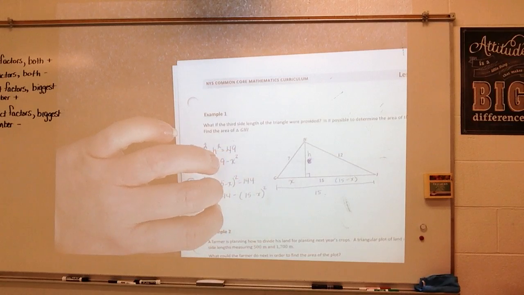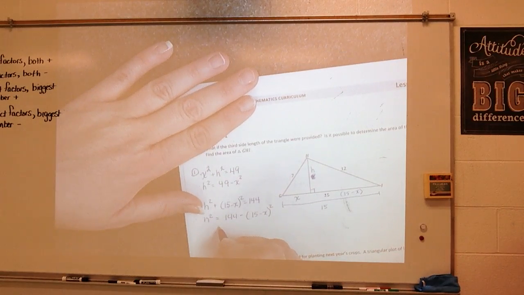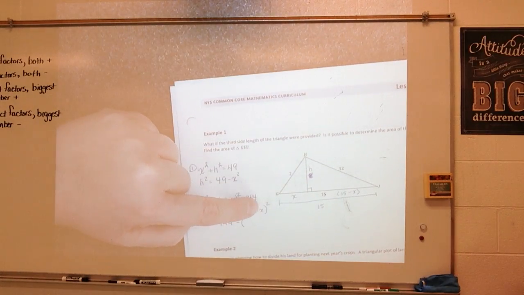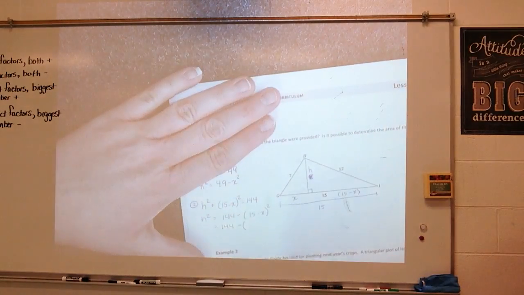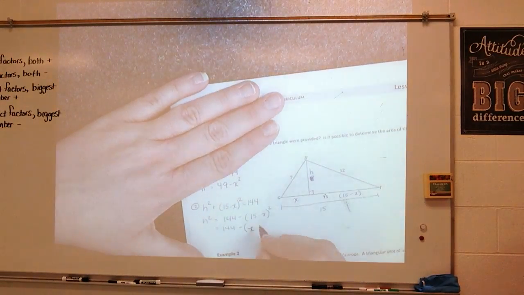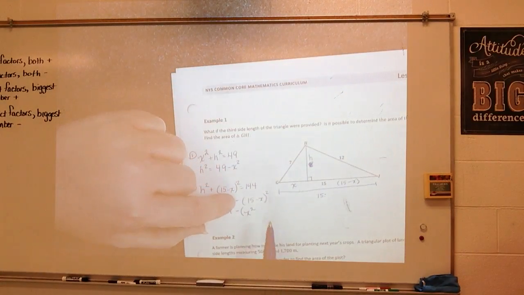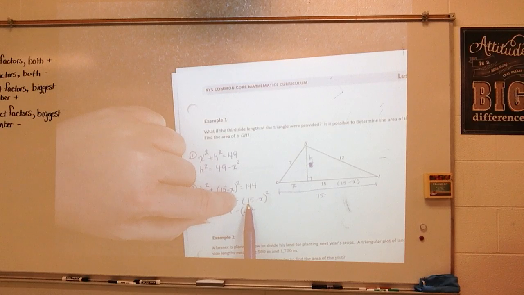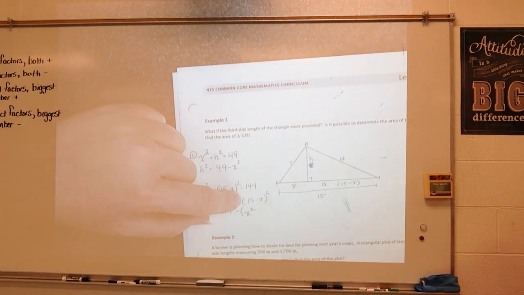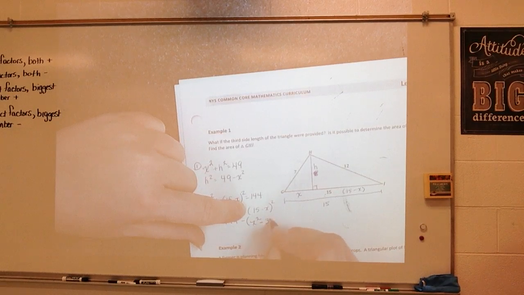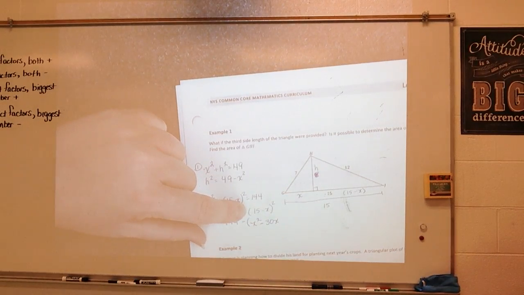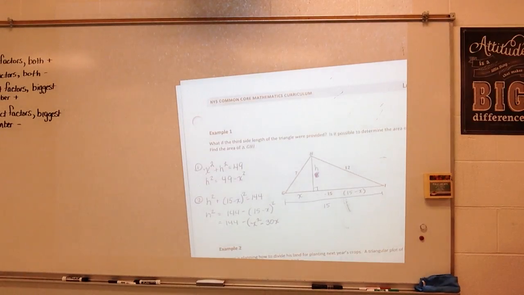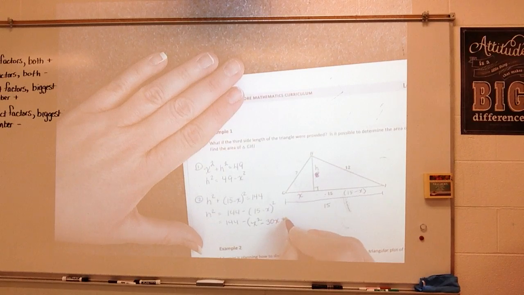So I get 144 minus, so negative x times negative x is x squared. Negative x times 15 is negative 15, and I have to do that twice. So negative 30x. And then 15 times 15, if you don't know your perfect squares, then that might be a time to remember those. So I get 225.